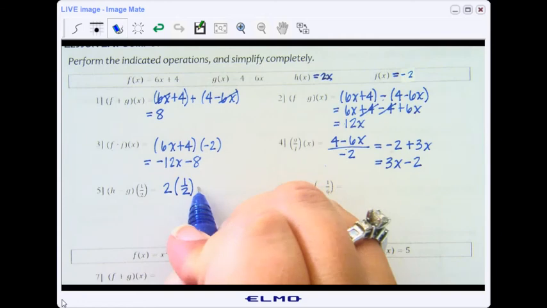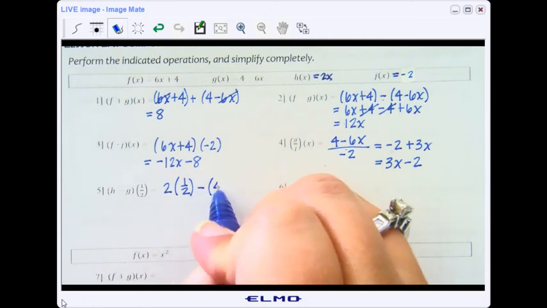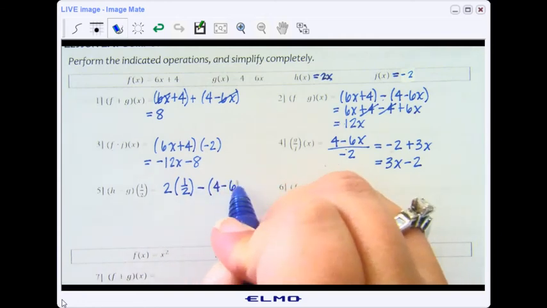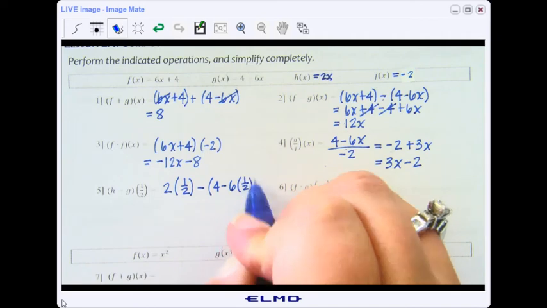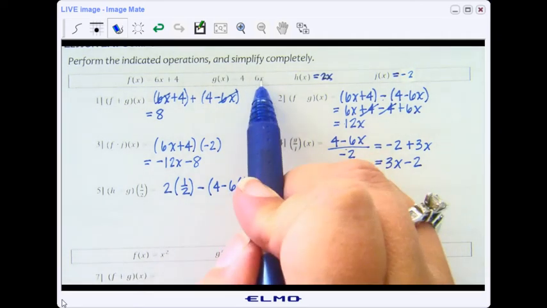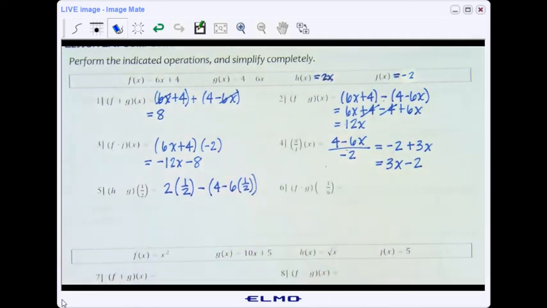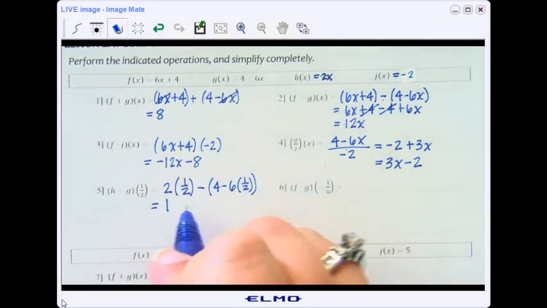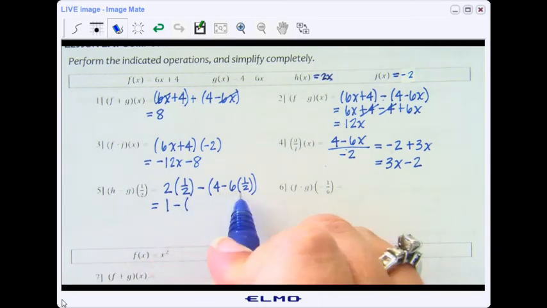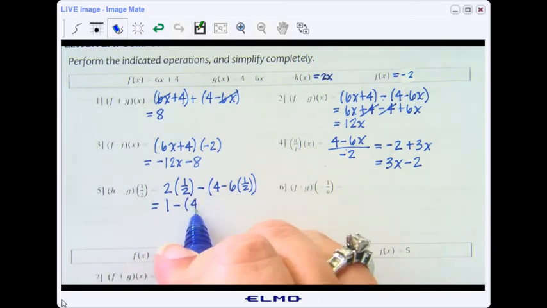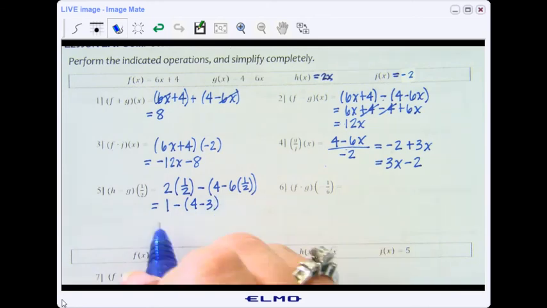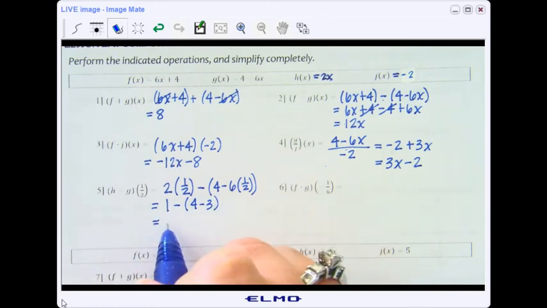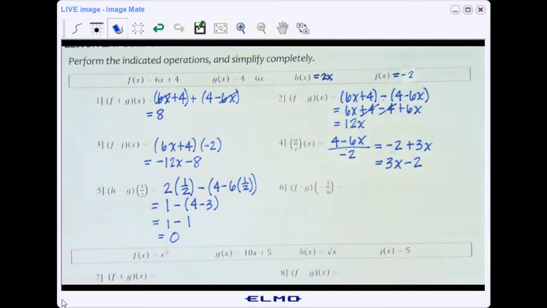And I'm going to subtract 4 minus 6 times 1/2, where I replace my x in g of x with 1/2. 2 times 1/2 is 1, and 4 minus 6 times 1/2 is 3. So this is 1 minus 1, which gives me 0.